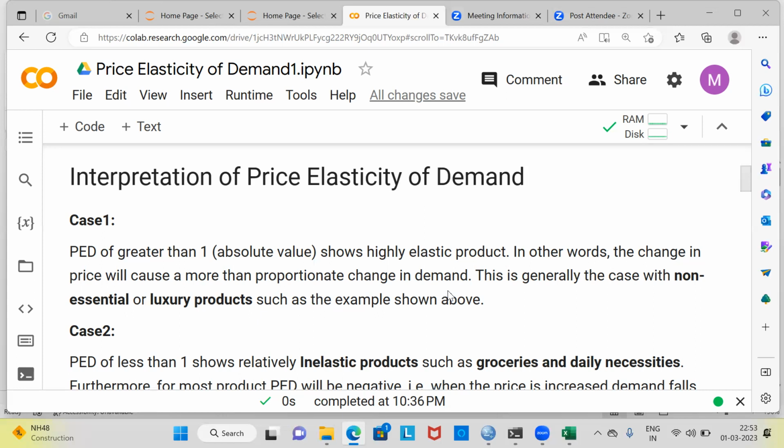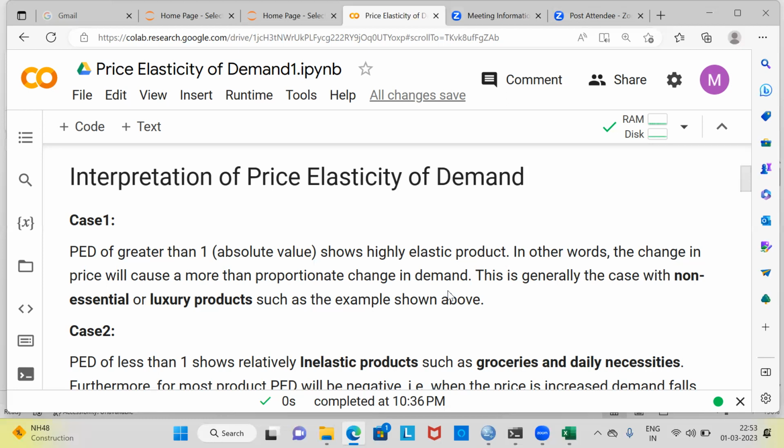So these are a class of products wherein you need to be very, very careful about changing the price, because the moment you increase price or make any changes to price, you can expect a dramatic impact on demand. And therefore, we need to be extremely sensitive. We need to be extremely careful for those products which have a PED of greater than 1.